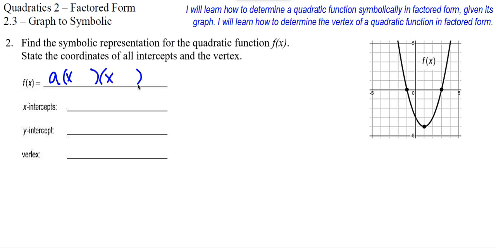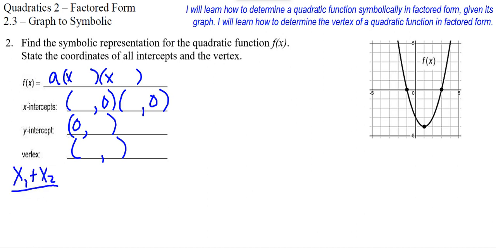Then my x-intercepts are something comma 0, something comma 0. My y-intercept is 0 comma something. And for now, I don't know the vertex, but I know my vertex is x1 plus x2 divided by 2.